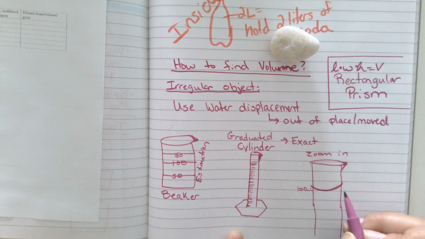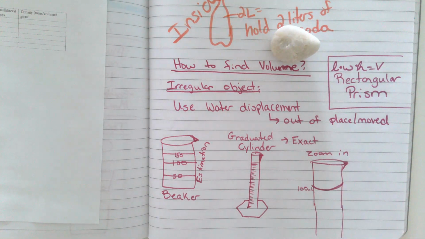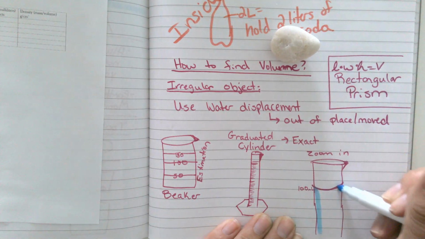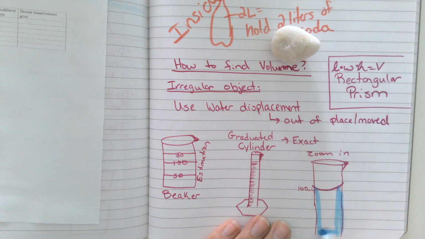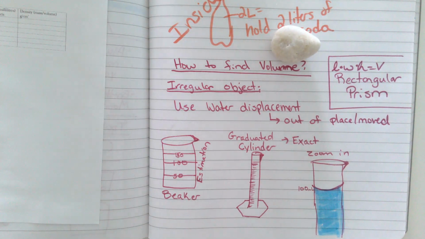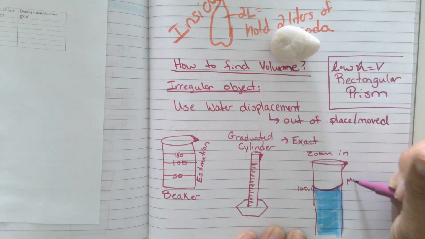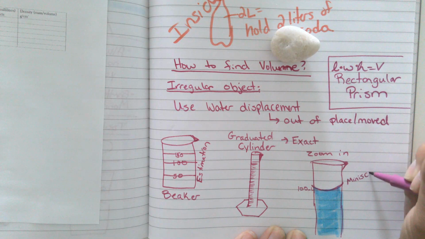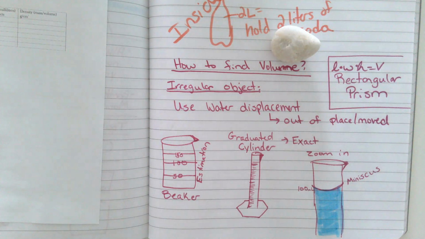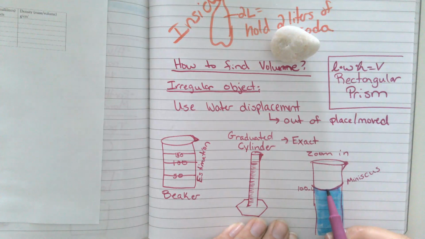That little circle is the water that's in it, because you're going to use a teal or green colored water today. This little bottom of this line is called a meniscus. I know it sounds really cute to say, right? Meniscus. And I'm not sure if I spelled that right, but I'm doing my best, okay? Meniscus. You read the bottom of the bubble.